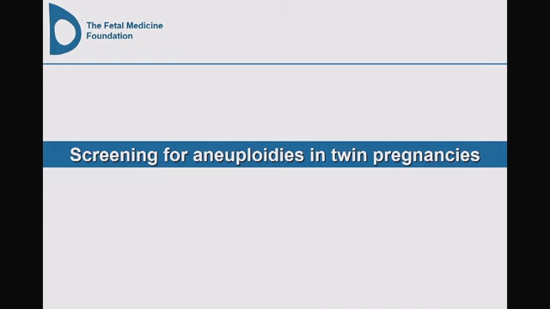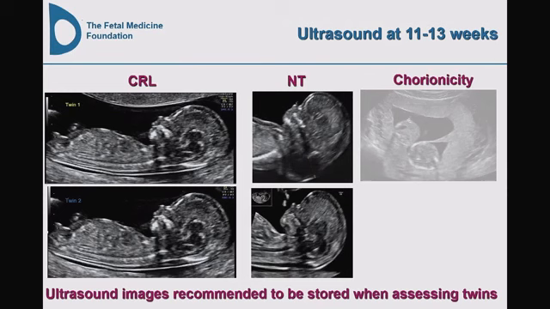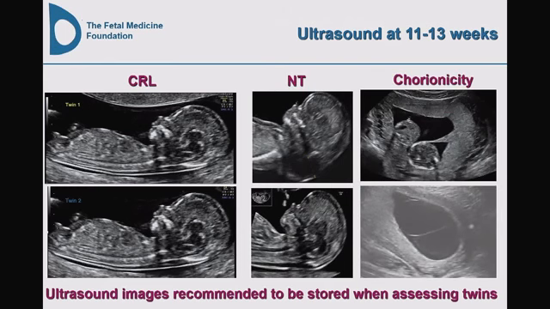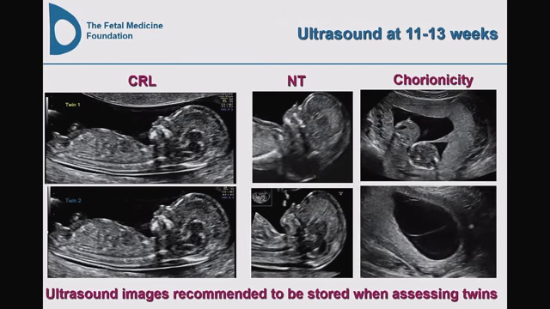Now, going to screening for chromosomal abnormalities, those are more or less the pictures that you need to save in the records in your centers, in your scanning rooms. You need to obtain the two CRLs of the two fetuses. You need to measure the nuchal translucency in the two fetuses.